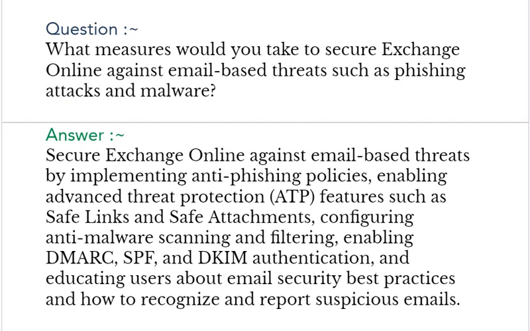Your answer should be: secure Exchange Online against email based threats by implementing anti phishing policies, enabling advanced threat protection (ATP) features such as Safe Links and Safe Attachments, configuring anti malware scanning and filtering, enabling DMARC, SPF, and DKIM authentication, and educating users about email security best practices and how to recognize and report suspicious emails.